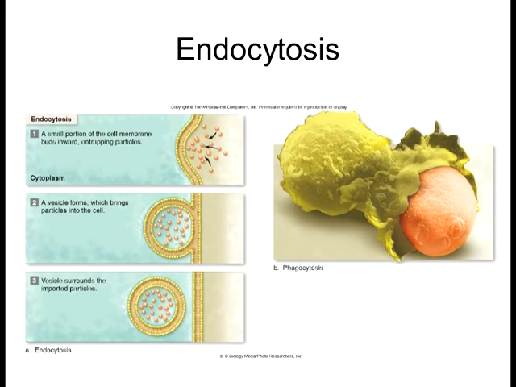So exo stands for exiting or leaving the cell. So what's an example of this? Well, when your neurons communicate with one another, if you've ever heard of what we call neurotransmitter release, that's exocytosis. So when a neuron synapses with another neuron, at the end of this neuron, they have these little vesicles that have what we call neurotransmitters in them.